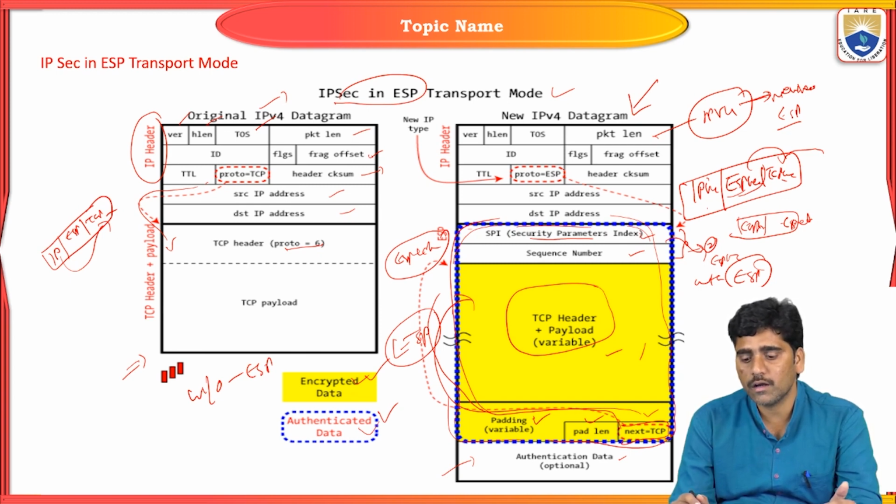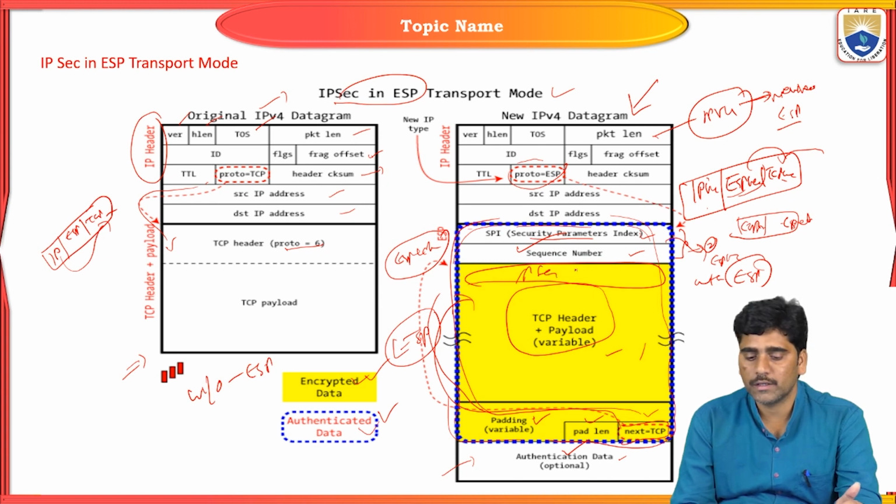Without ESP the protocol is not there, but with ESP the protocol indicates that the next header is ESP, and it points to the ESP header as well as the ESP trailer. The ESP header contains both the security parameters index and sequence number, and the ESP trailer contains padding, padding length and the next header. This is the transport mode, and here in transport mode the IP header is not repeated again.